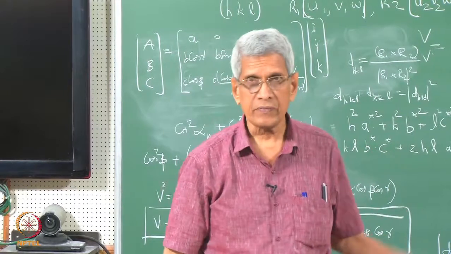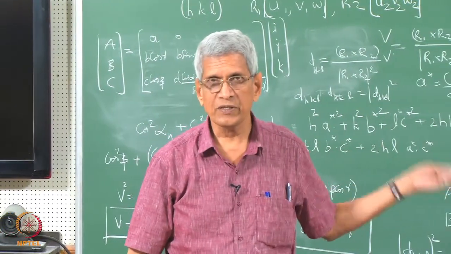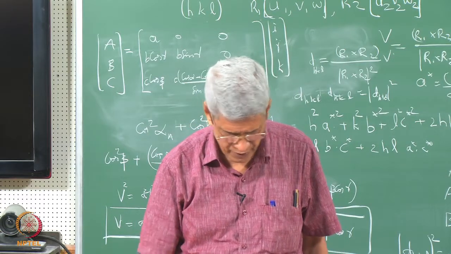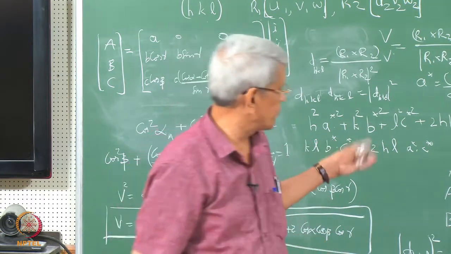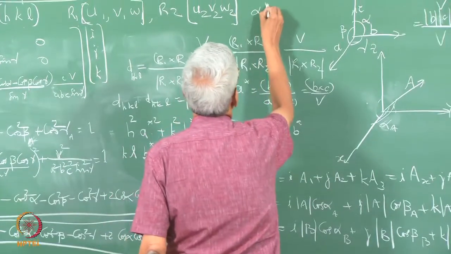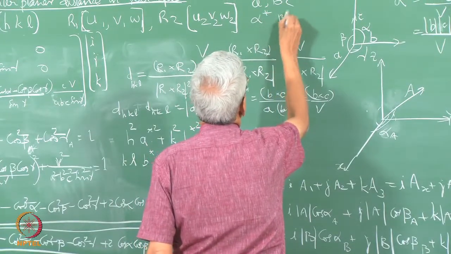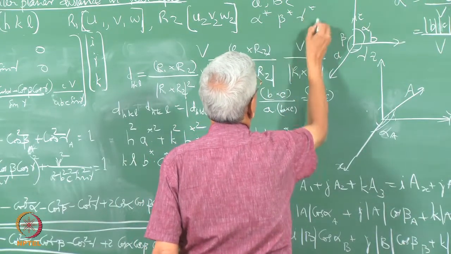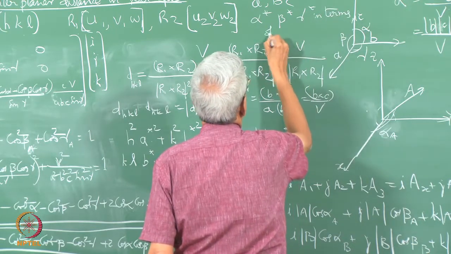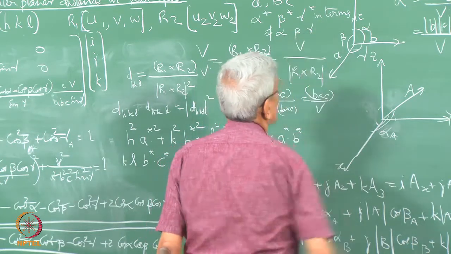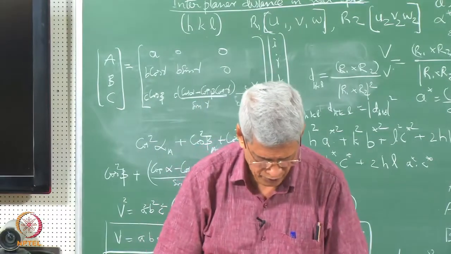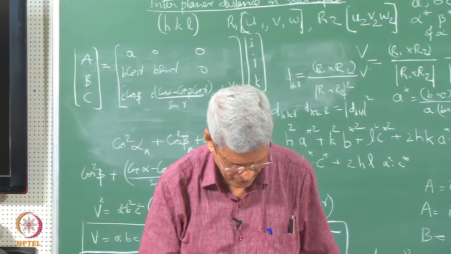But if we use the reciprocal lattice vectors, we have to get another relationship, which is the relation between the angles alpha star, beta star and gamma star in terms of alpha, beta and gamma. That is a must, without which we can't do that.